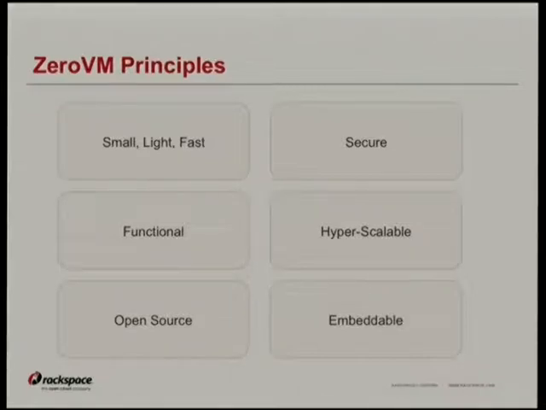It's secure based on the two fault isolation methods that are implied: the inner and the outer sandbox, and the inline disassembly before execution. It's open source and it's embeddable.